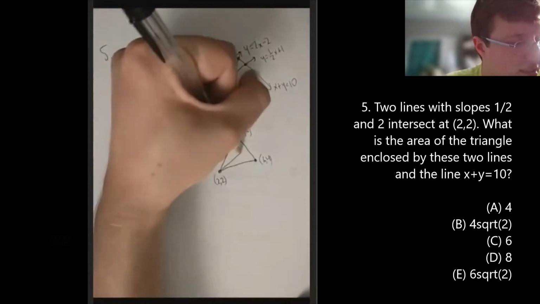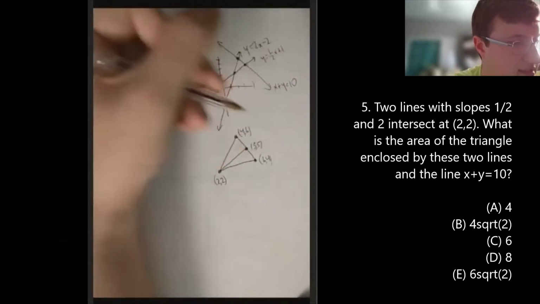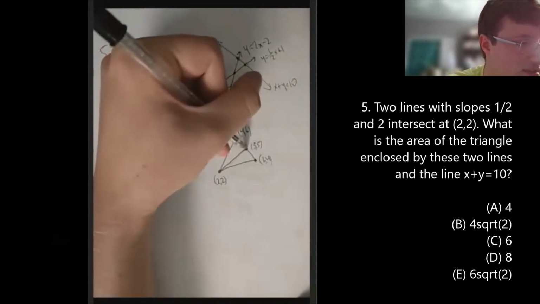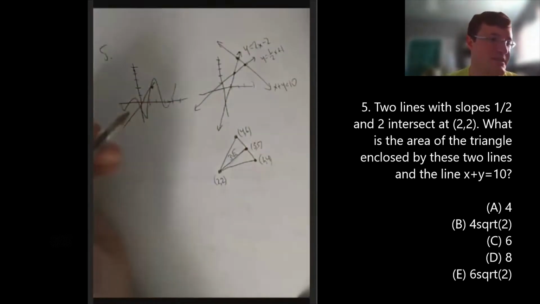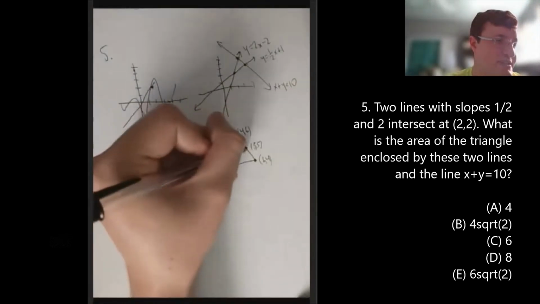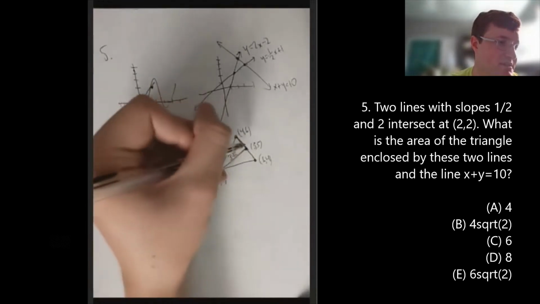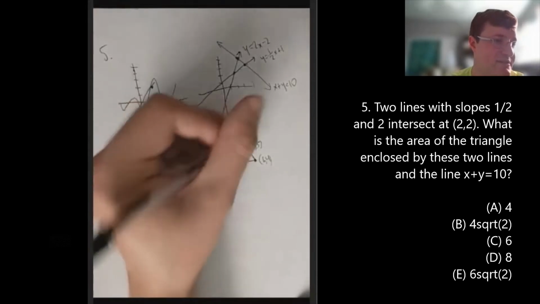So I've got the midpoint here is 5, 5. Okay, so the height is this distance here, which is 3 root 2, because it's at a 45-degree angle. And then the base here is, I go over 2 and down 2, so that's 2 root 2.